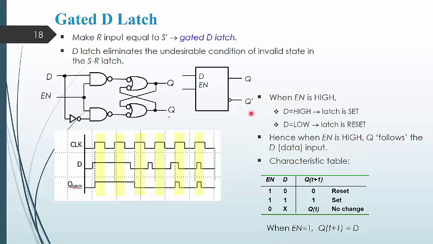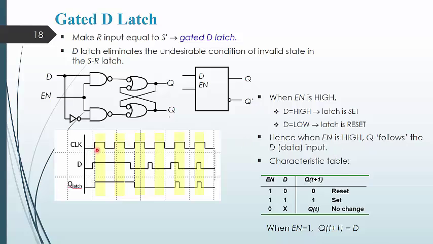Otherwise, the Q dash output will be high. When the Q output is high, the latch is said to be in set mode; otherwise, it is in reset mode. So when the enable input is high, Q follows the data input, and this is what is presented here.